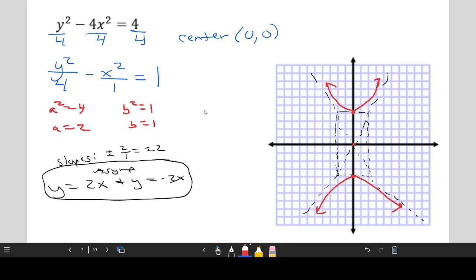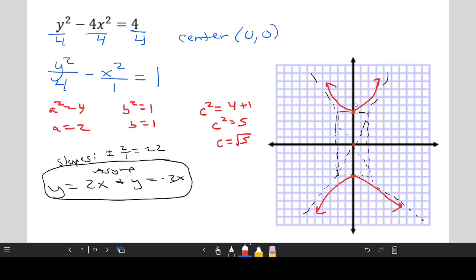And then we need to plot the foci. So c squared equals a squared plus b squared. So c squared is 5, and c is the square root of 5, which is about 2.2. So we're going to go about 2.2 units.